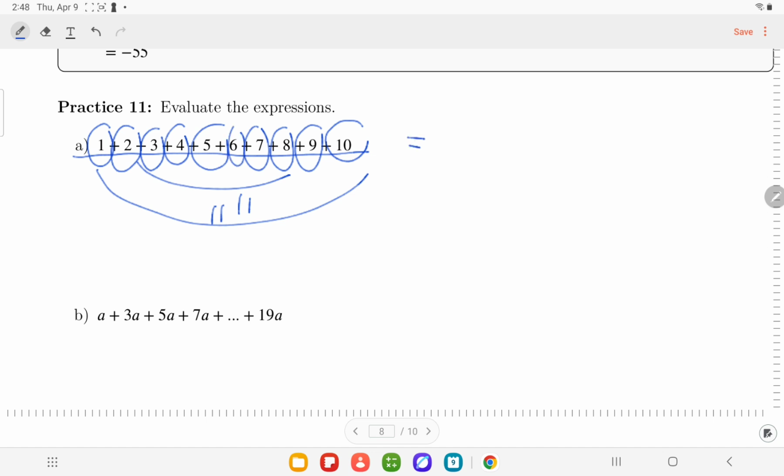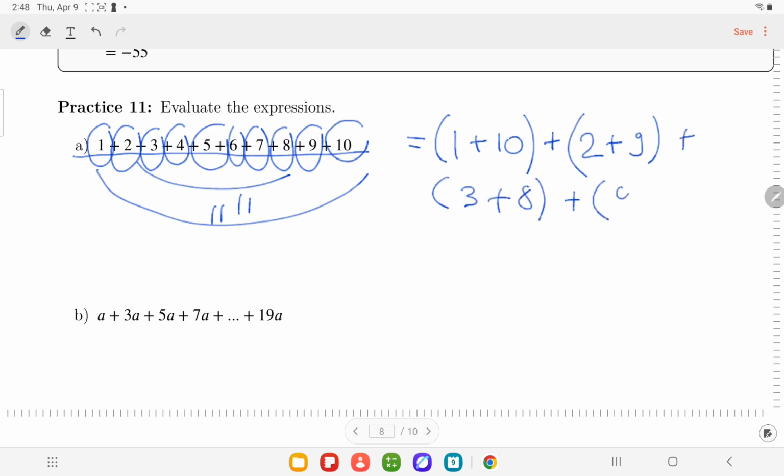So the way we would do this is that we would count how many pairs we have that make 11. So we would have 1 plus 10, plus 2 plus 9, plus 3 plus 8, plus 4 plus 7, and 5 plus 6.